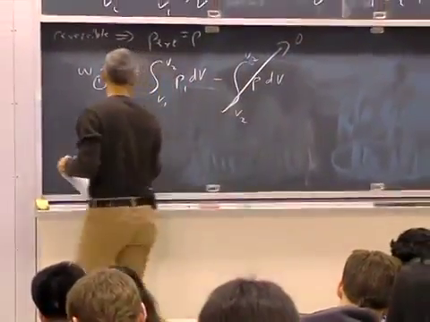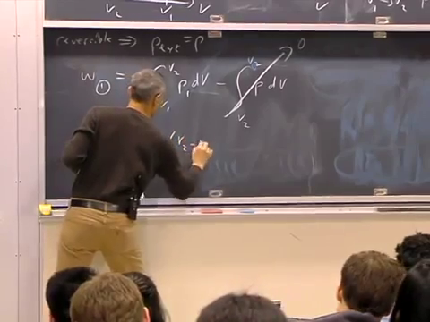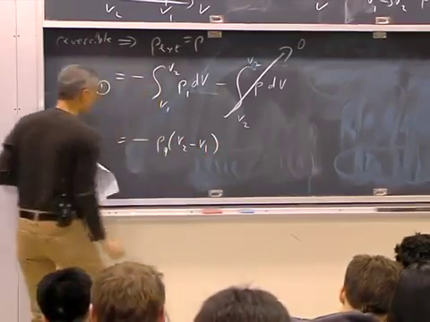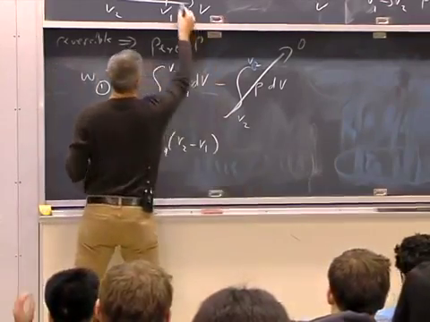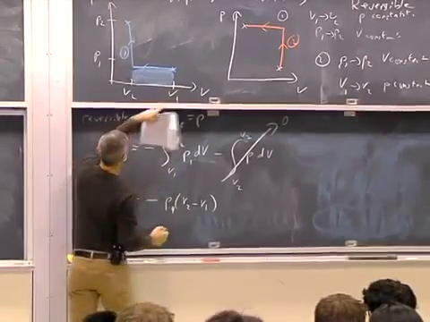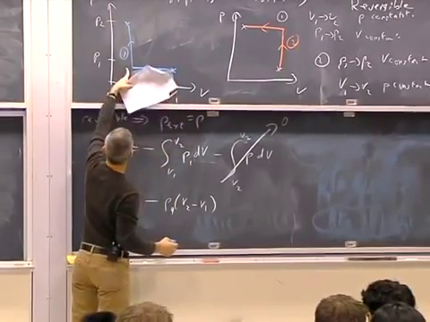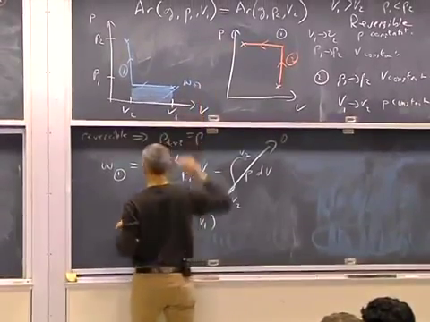And this one is also pretty easy. That's minus P1 times V2 minus V1. Well, that turns out to be this area right here. Okay, it's V1 minus V2 times P1. This is W1 here.